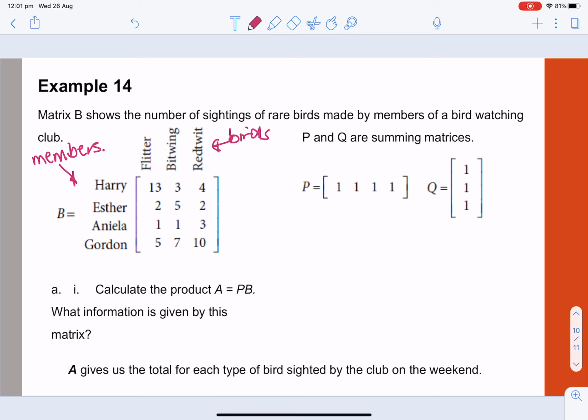And then we have P and Q, which are summing matrices. As you can see, P is all ones in a row, and Q is all ones in one column. So part A, calculate the product A equals PB. What information is given by this matrix?